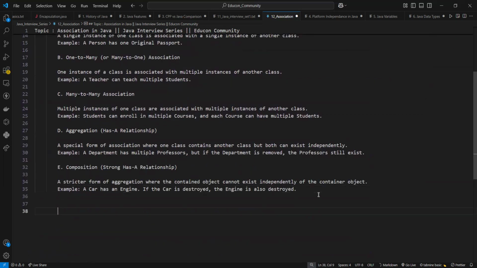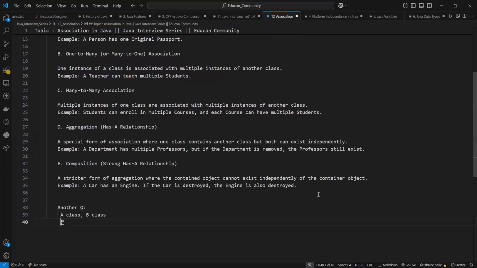From here I can form one more question. Suppose you have two given classes, class A and class B. How will you implement aggregation and composition programmatically?